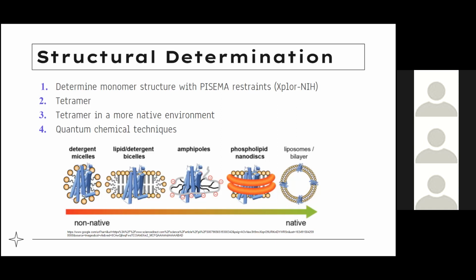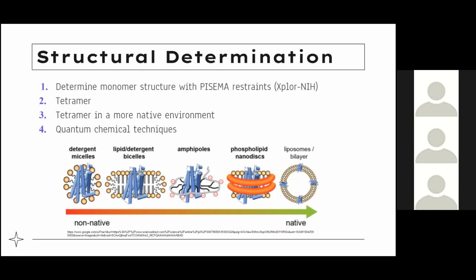So as you can see from the figure below, this concept of detergent micelles, which is basically a circular structure made of lipids, was previously used a lot of times, especially in this type of research, in order to characterize lipid-bound proteins. And it's a very non-native environment, so it may or may not be actually representative of the protein.